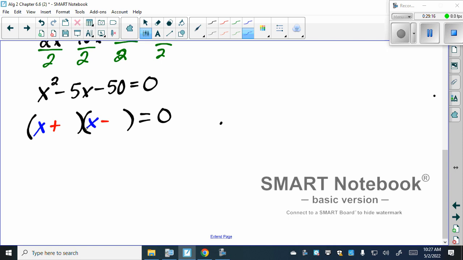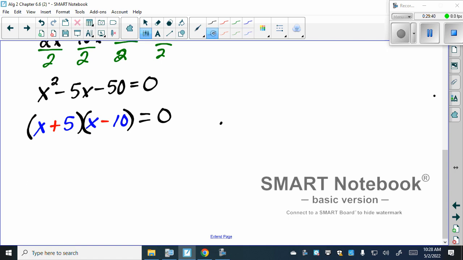Well, we have 1 and 50, 2 and 25, 3 doesn't work, 4 doesn't work, 5 and 10, and I believe that's it. So which ones would we want? 5 and 10. Which one would be positive? 10 would be. So those would be our factors, x plus 5 times x minus 10.